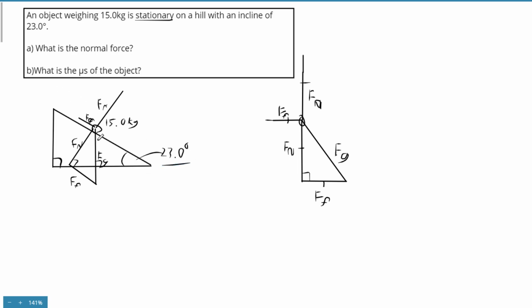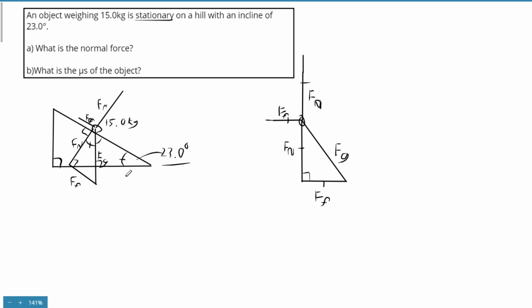It might not be obvious at first, but this angle right here is equal to this angle. So this is also 23 degrees. This is because this angle and this angle have to add up to 90 degrees, because all angles in a triangle have to add up to 180, and there's already 90 degrees right here. But because Fn is perpendicular to the incline, these two angles together also have to add up to 90.